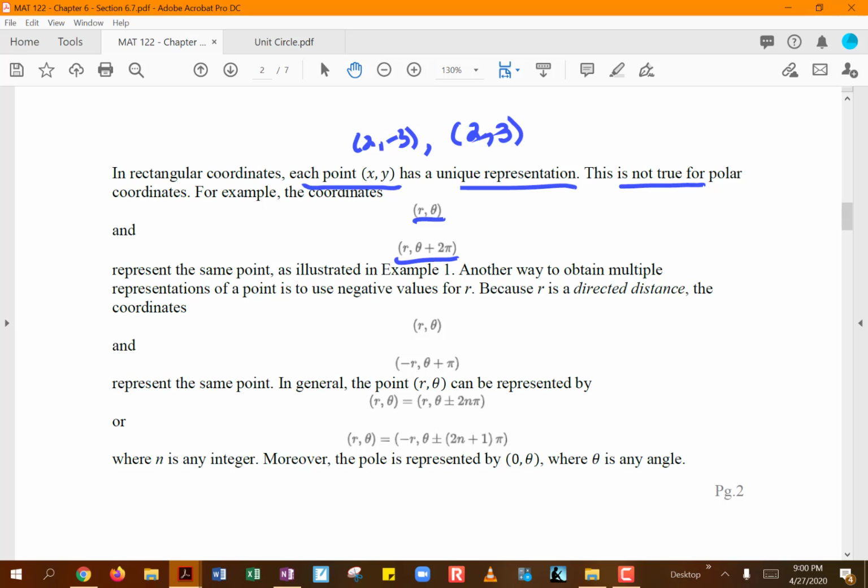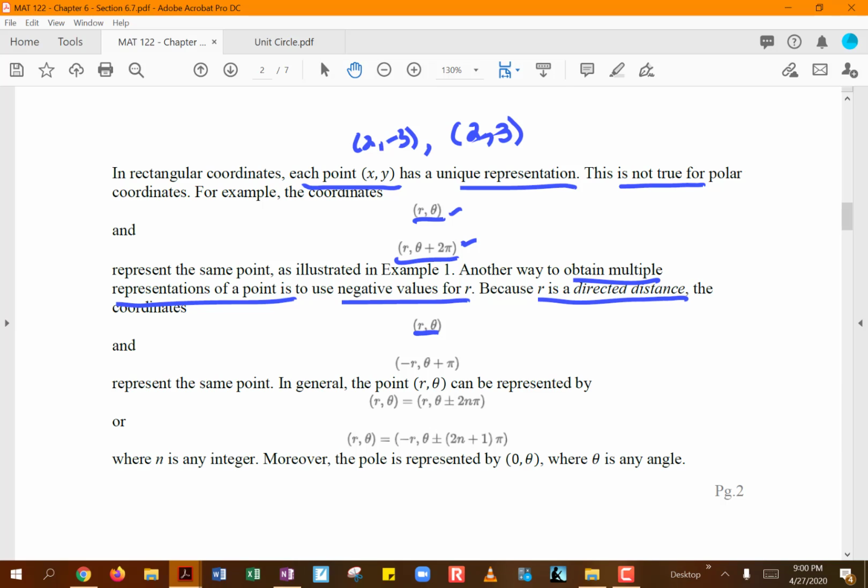So that's what they're talking about here, that since these two coordinates would have the same point, you do not have a unique representation for your polar coordinates. They are saying another way to obtain multiple representations of a point is to use negative values for r. So just by changing the angle, you can get multiple representations, but also you can use a negative value for r.